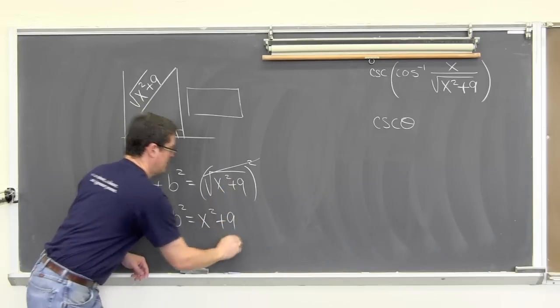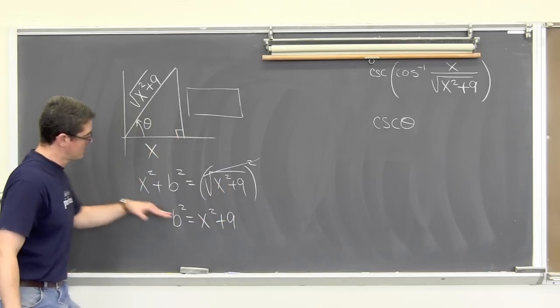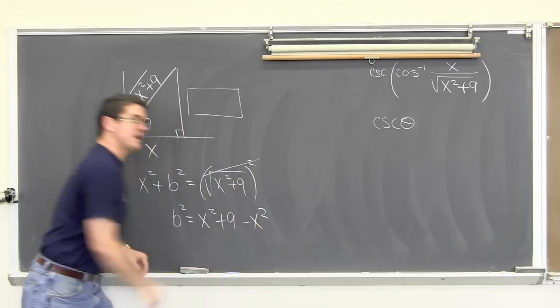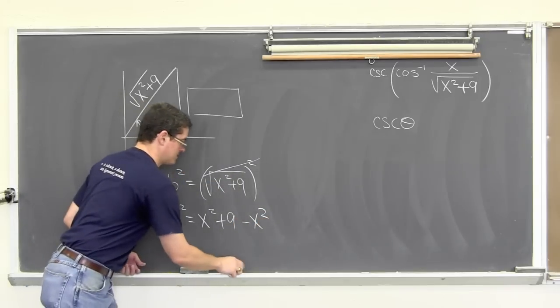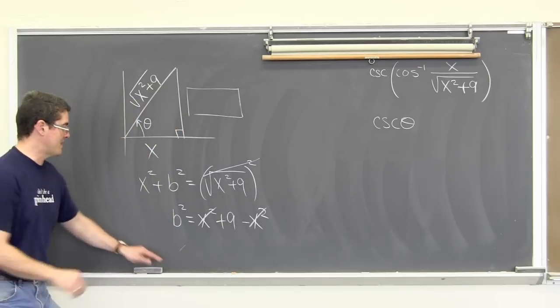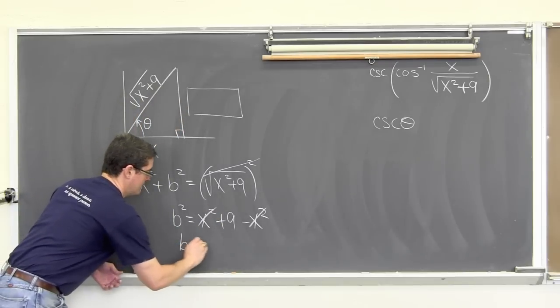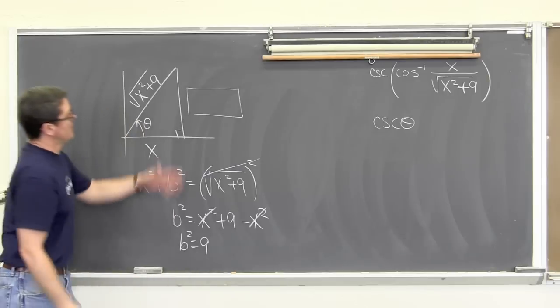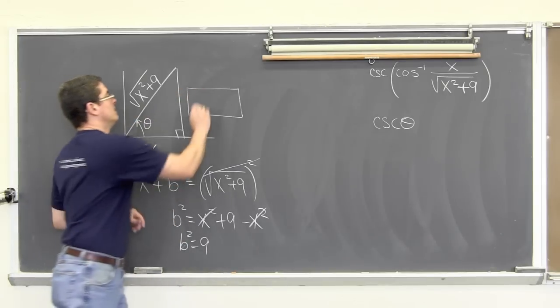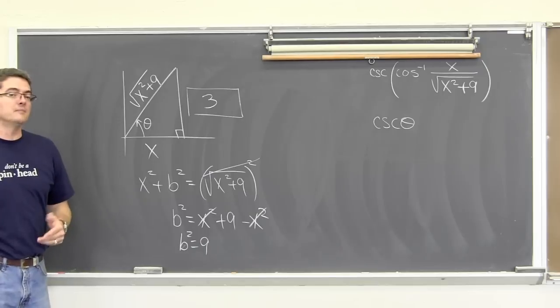And then we're going to bring this x squared over, it's positive, so we're going to bring that over with subtraction, which is going to cancel out those x squared terms. So that means that b squared is equal to 9, and that means that this side that I've labeled as b is equal to 3.